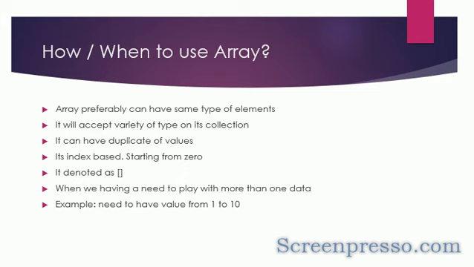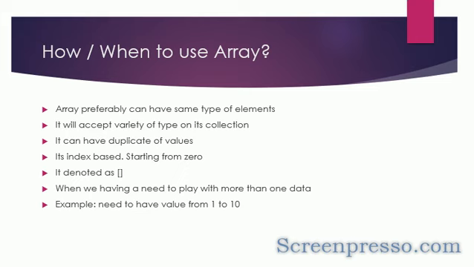The third, it can have duplicate values. In an array you can store multiple values even if they are duplicates. It is index based starting from 0. If I am giving you 10 elements to store, it always starts from 0 to 9.